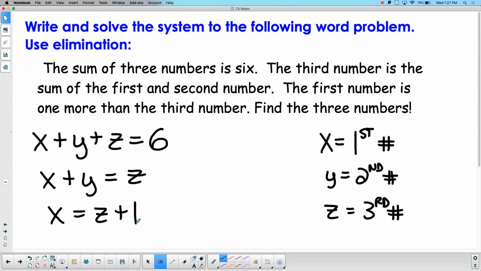Now, it's said to use elimination to solve this. So if I'm going to use elimination to solve this system of equations, what do I need to do?